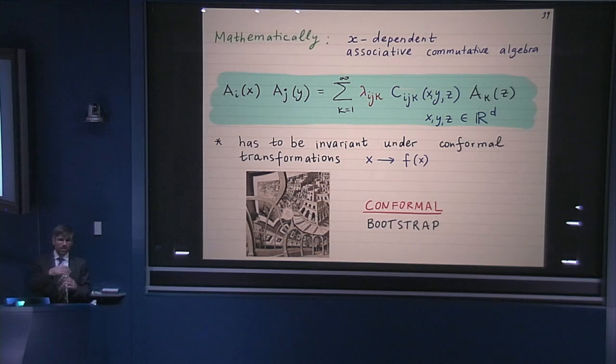So lines which are perpendicular remain perpendicular, like for example, if you look at this point here, but the scale can change locally. So this is the definition of conformal transformations. And these equations are indeed not very restrictive unless you impose this assumption of conformal invariance. And once you impose it, then this becomes conformal bootstrap.